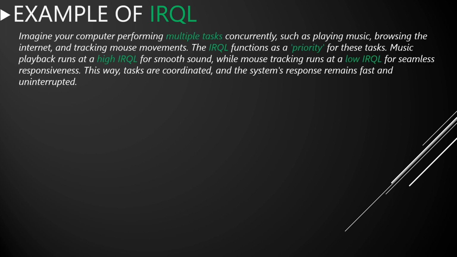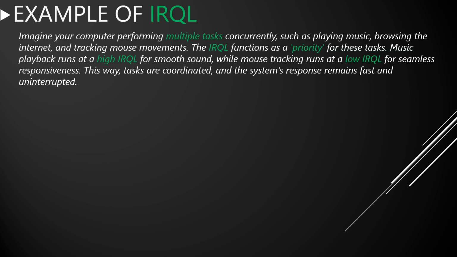Imagine your computer performing multiple tasks at the same time. We listen to music, we play Spotify, and at the same time we're browsing the internet. For example, we're using Instagram, we're scrolling in Instagram. Okay, so the IRQL will decide from the algorithm that is running behind.